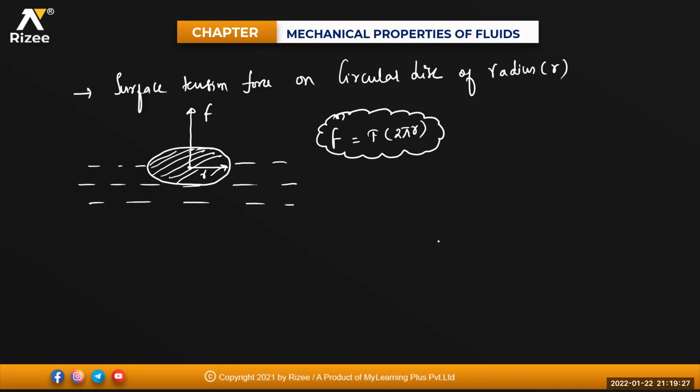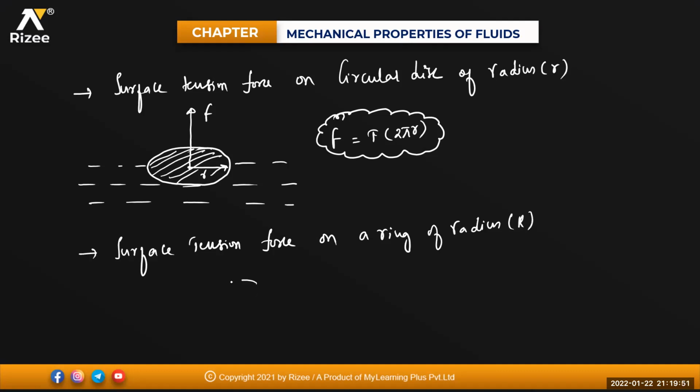Clear, beta? Now see, if I'm talking about the ring, beta, ring has 2 surfaces. So just multiply this one with your 2. We'll get the answer. Surface tension force on a ring of radius capital R, something like this.